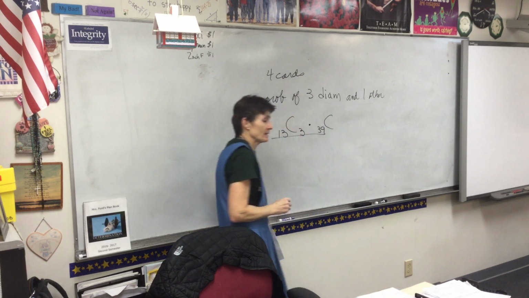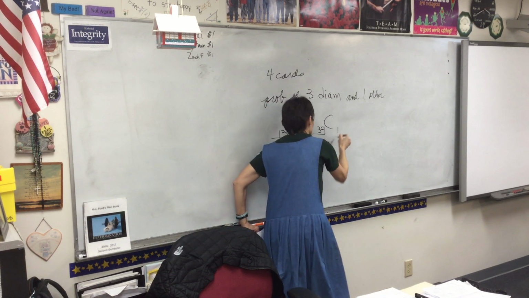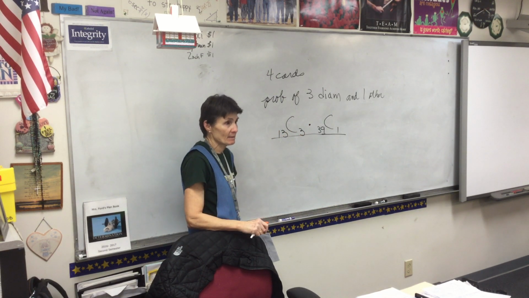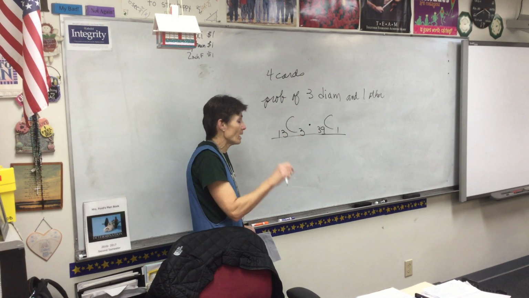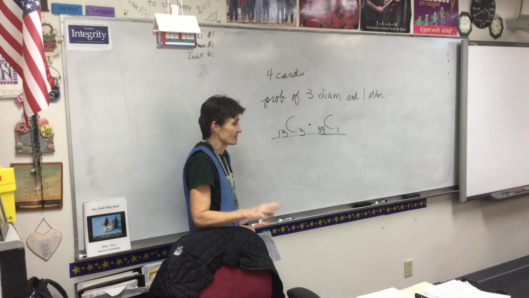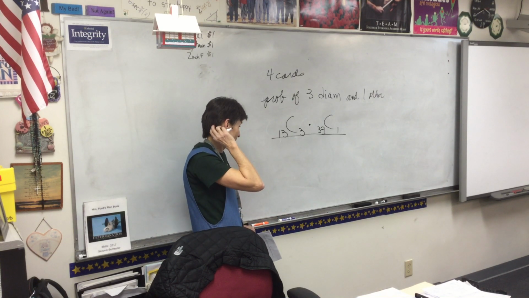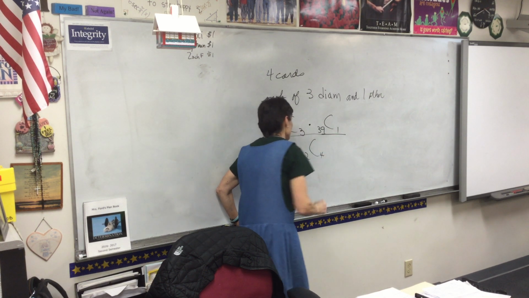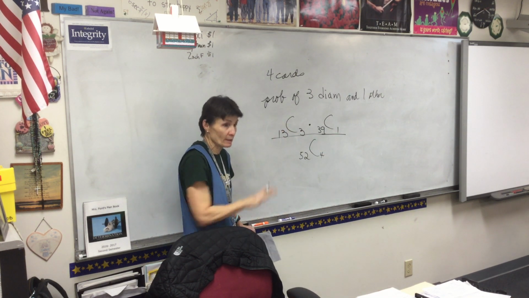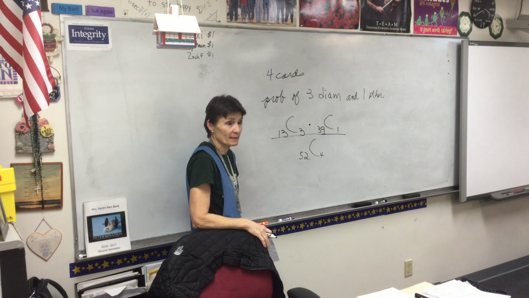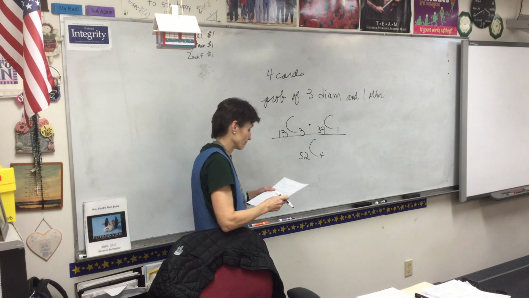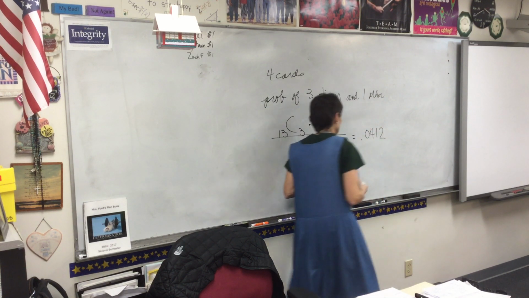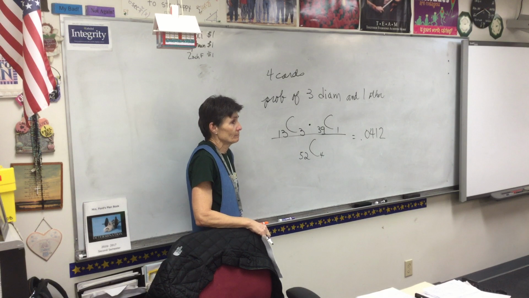And how many am I picking? 1. So there's my numerator. I have 3 out of the 13 diamonds, and I have 1 out of the 39 other things. Now, what's my denominator? 52C4, because there are 52 cards total in the whole deck, and I am picking 4 of them. And that is 0.0412 if you do it in decimal form.